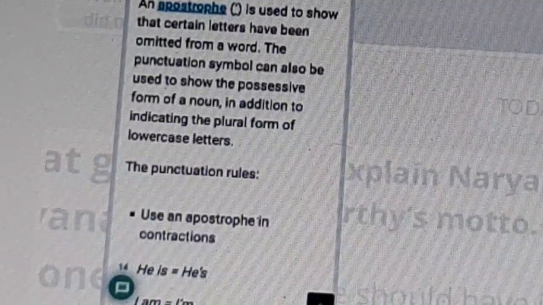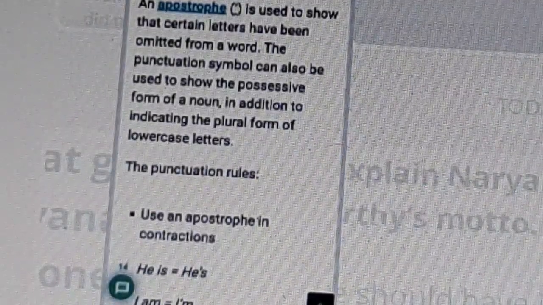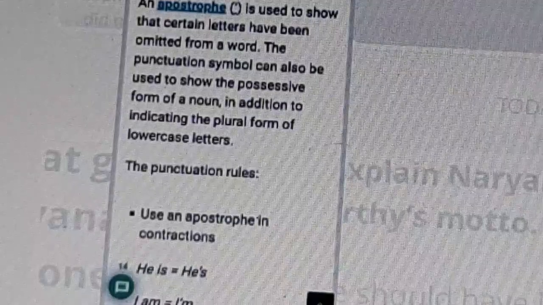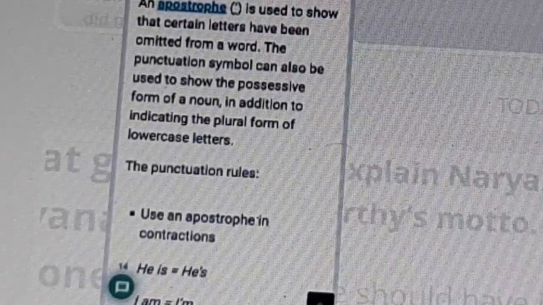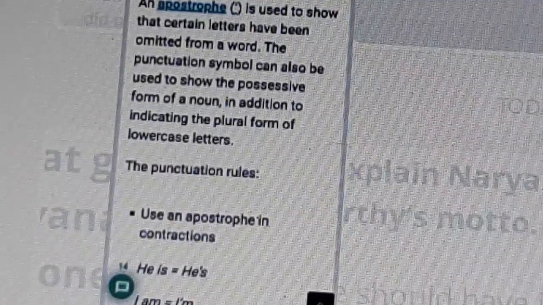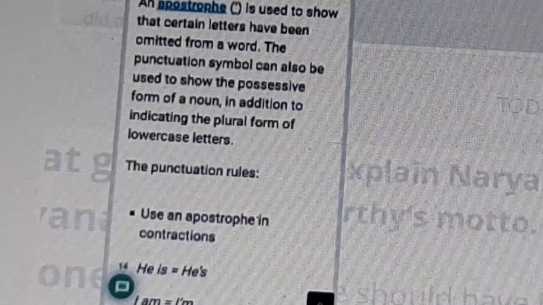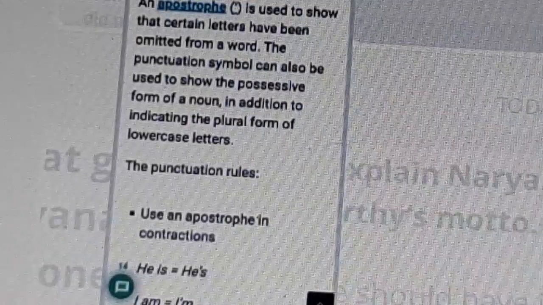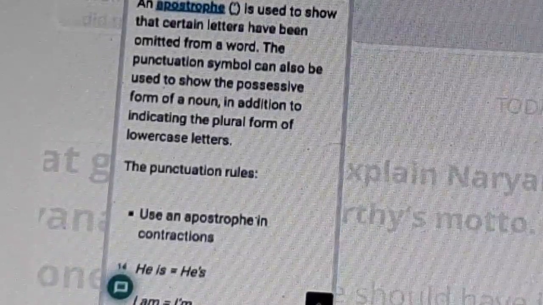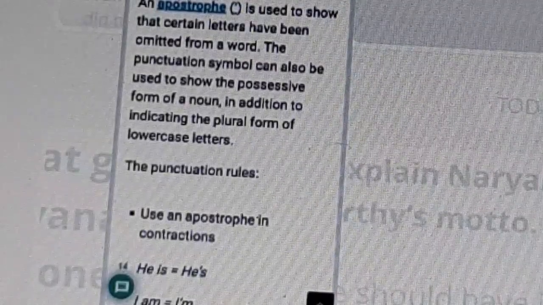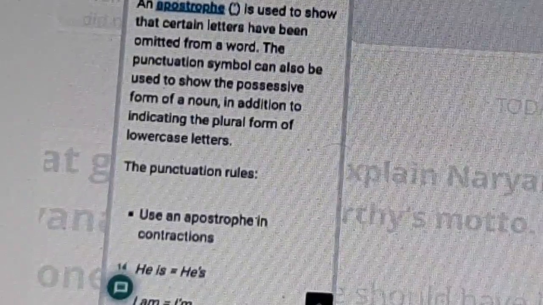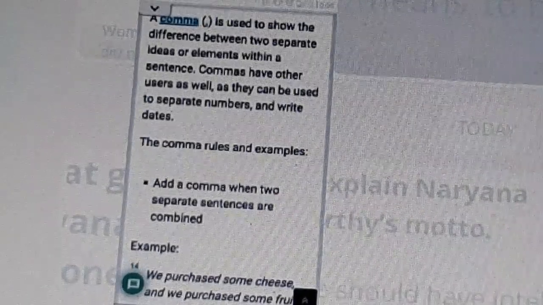The punctuation symbol can also be used to show the possessive form of a noun, in addition to indicating the plural form of lowercase letters. Use an apostrophe in contractions and also in possessions, and also in indicating the plural form of lowercase letters.